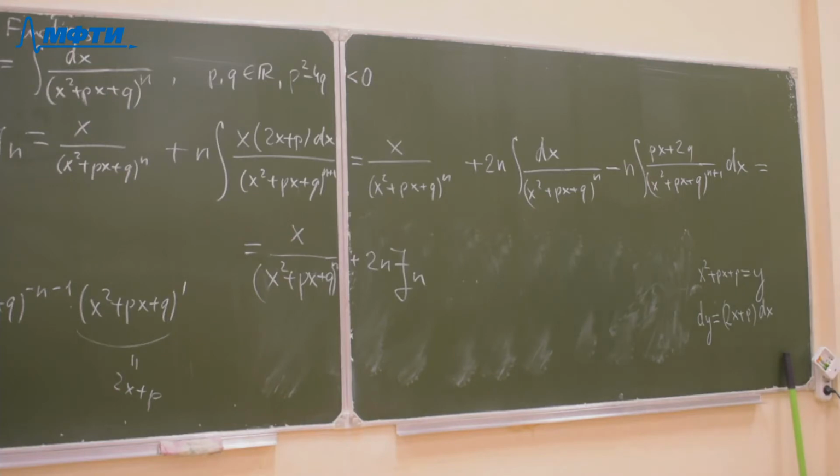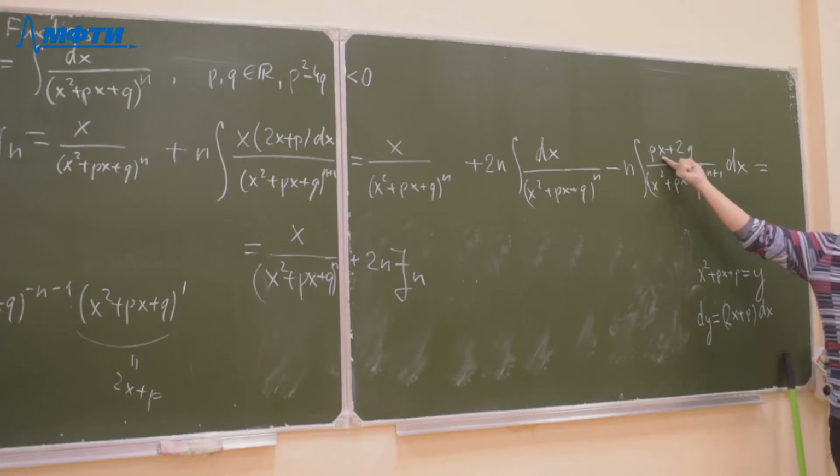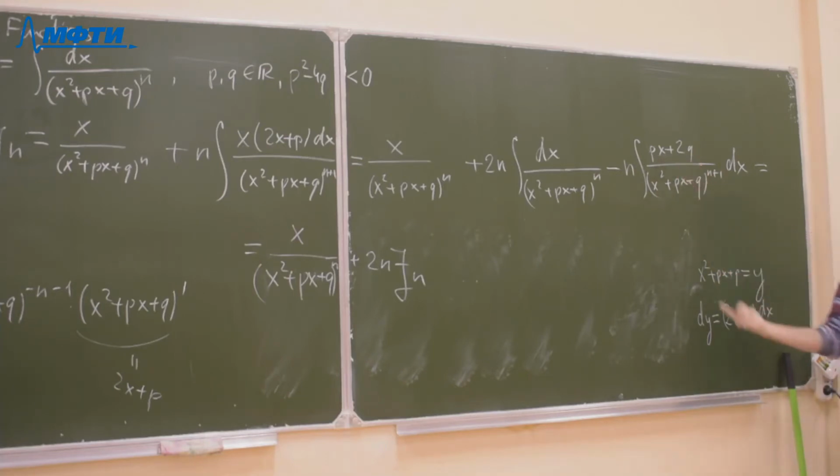So if we would be so lucky to get here precisely that polynomial multiplied by a constant, then we could apply immediately integration by substitution.